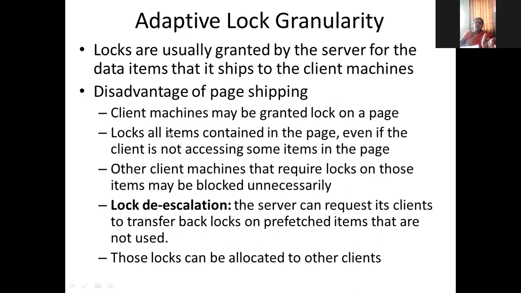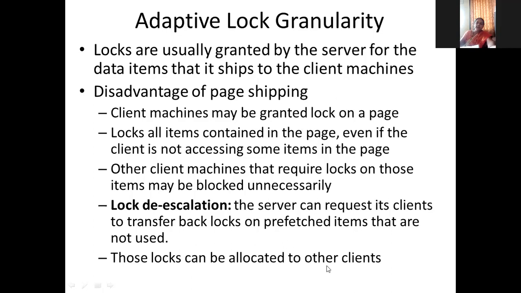Okay, so this is a disadvantage of page shipping in the data server. When you send the entire page to the client side, and some of the records are not required by that client, those records are unnecessarily locked. And if some other client machine requires that data, it cannot access it, because client 1 has been granted the locks on that particular data.